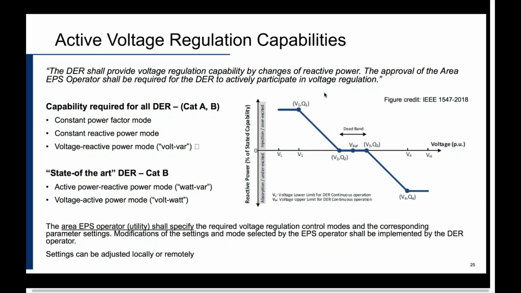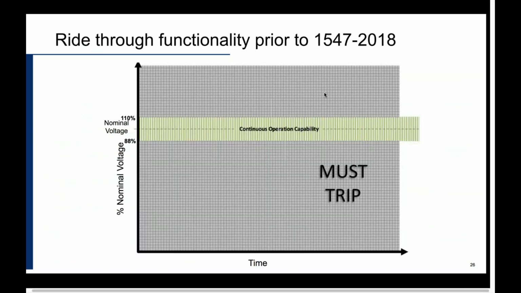Just to clarify, the standard mentions that reactive power has the priority over the active power, which means if there's a voltage event in the system, the inverter first tries to inject reactive power, and then it starts curtailing active power to make the necessary voltage improvement. As said, category A is a little more conservative as opposed to category B.